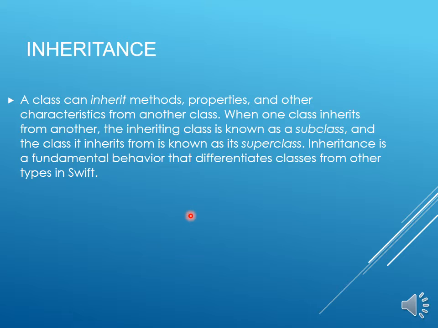So inheritance is a very essential part of classes. We can create different classes from one main class, initialize them with different names, and modify the data of the superclass in our subclasses. In simple words, we can also call the superclass the parent class and subclasses the child classes.